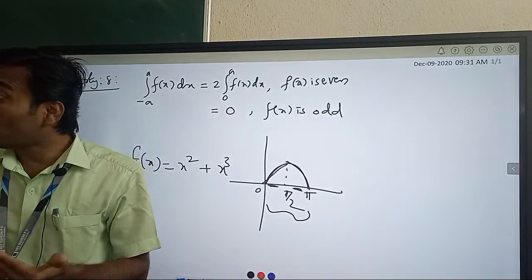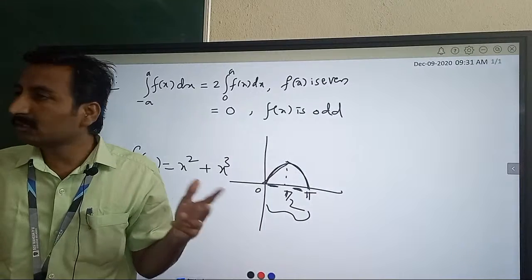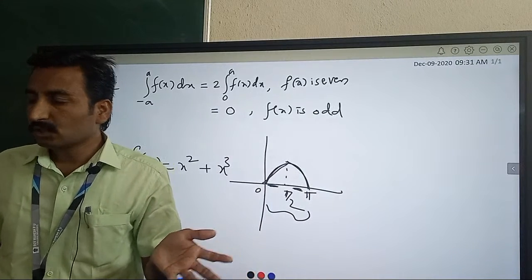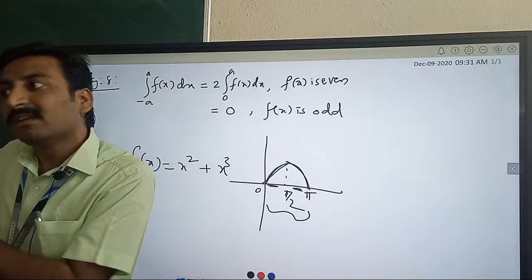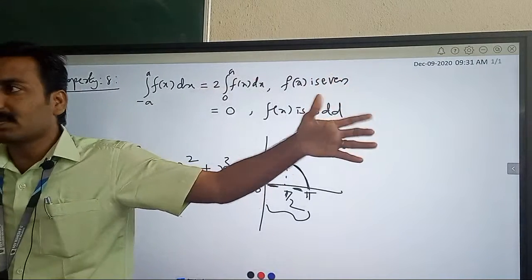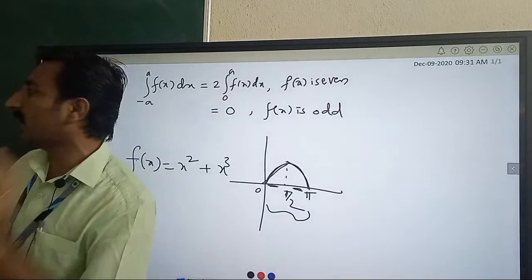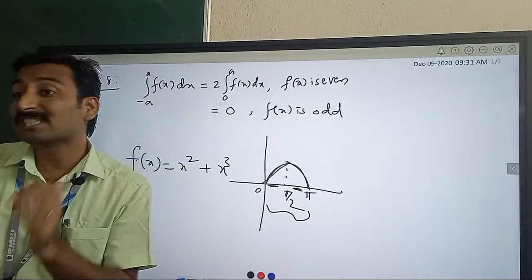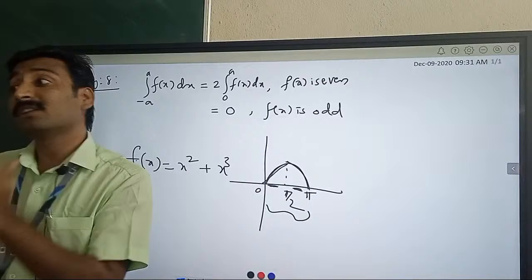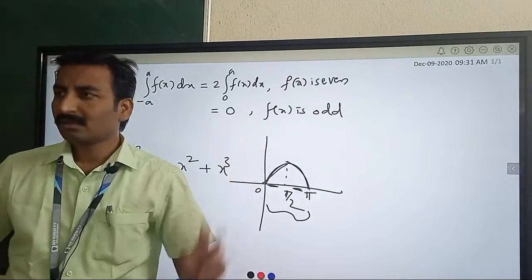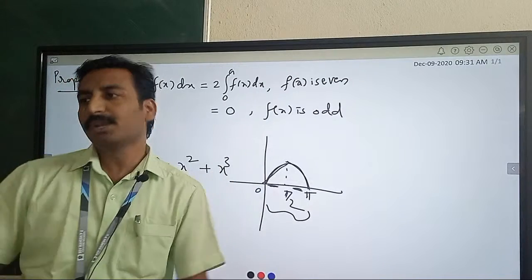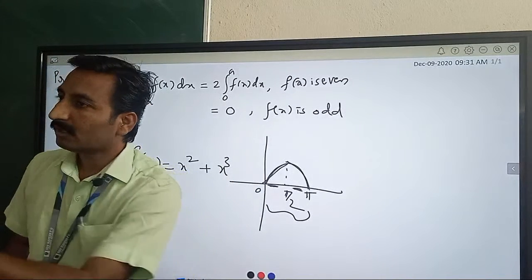So increasing and decreasing can be calculated in the split intervals. It cannot be calculated in the whole interval. The same logic, even and oddness can be discussed in a specific case and not in the general case. Every time you cannot say that it's an even sum, it's an odd sum. No. There are so many functions that are neither even nor odd.